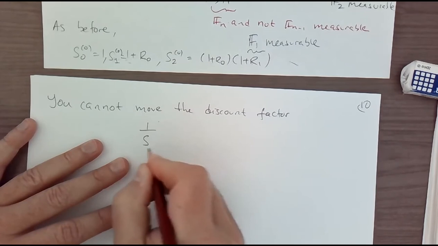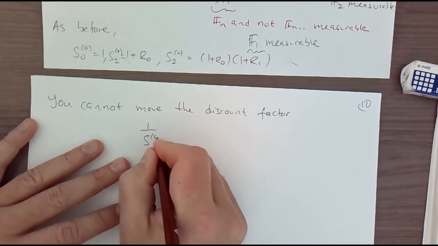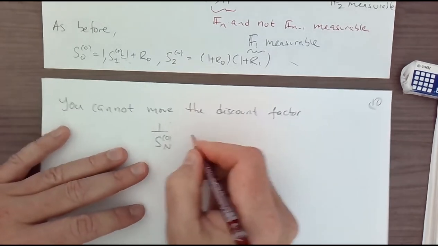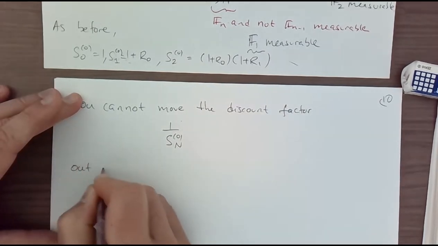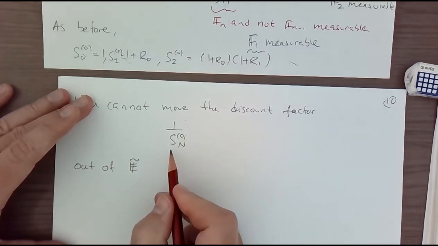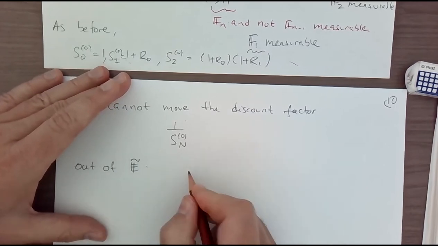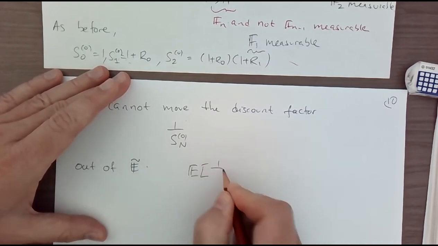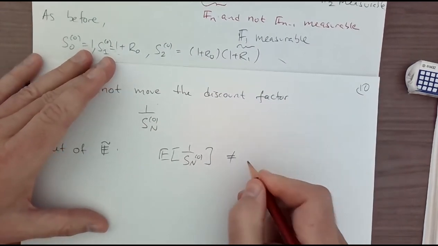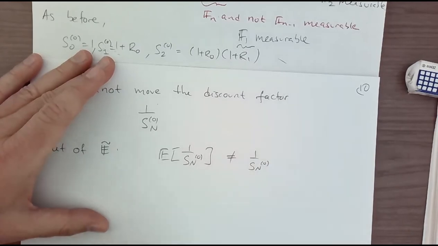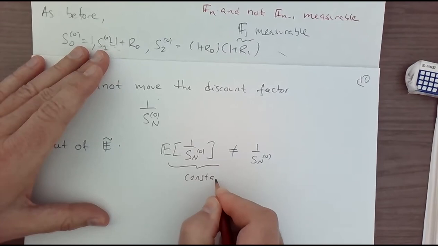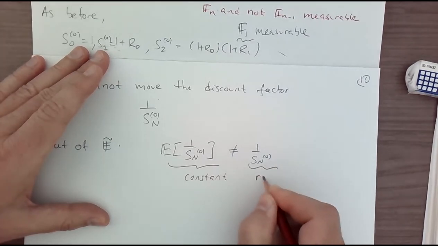So this is 1 over S0, say N. You cannot move the discount factor out of expectations, right? Because they're random. So we do not have that the expectation of 1 over S0 N is the same as 1 over S0 N. This is strictly different. This one here is a constant. This one here is a random variable.